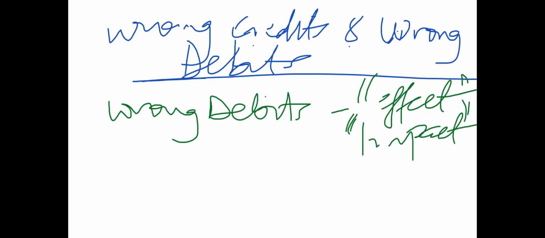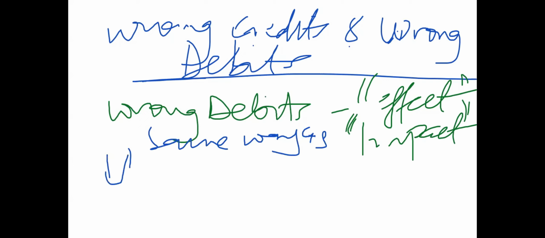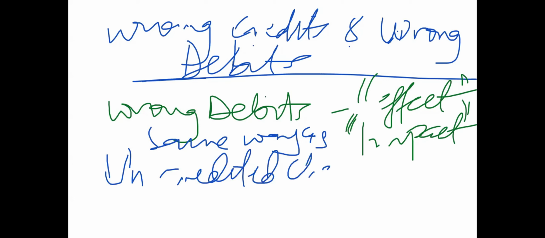So the wrong debits will go in the same way as uncredited checks. So once you add back uncredited checks, even the wrong debits are supposed to be added back.